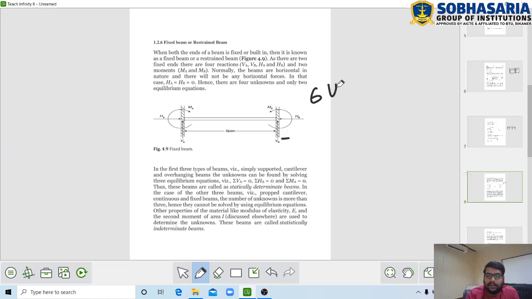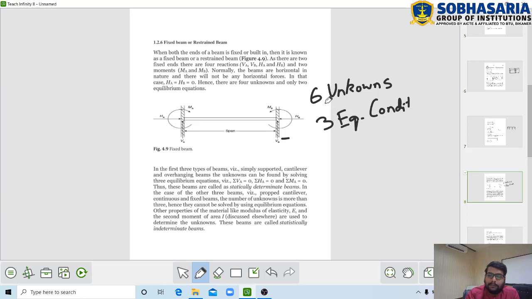How many unknowns are there? Here we have 6 unknowns, and we have 3 equilibrium conditions.